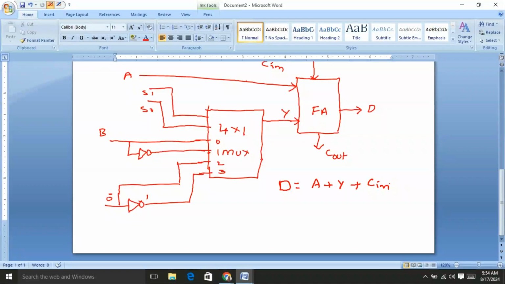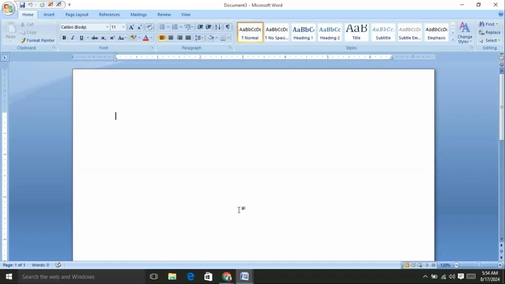This is our final Boolean expression to get all the arithmetic operations by using the multiplexers and full adders. Now, how this circuit will work out, I will show to you.